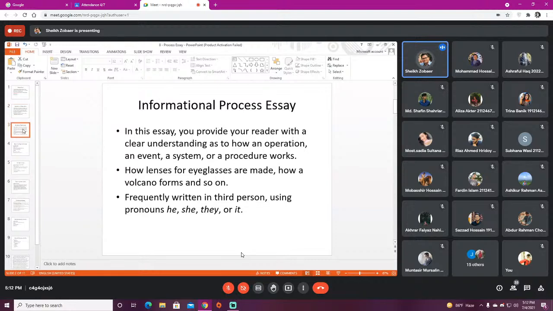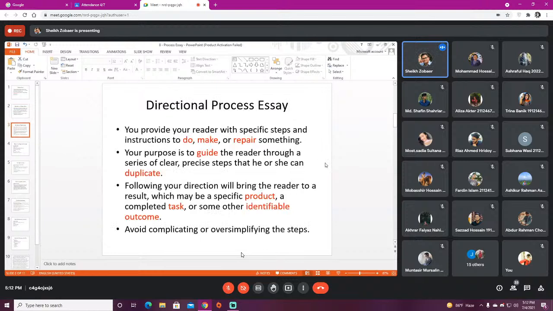On the other hand, a directional process essay is a little bit different. Here, your purpose is to give instruction to the reader to do something or to complete a task.